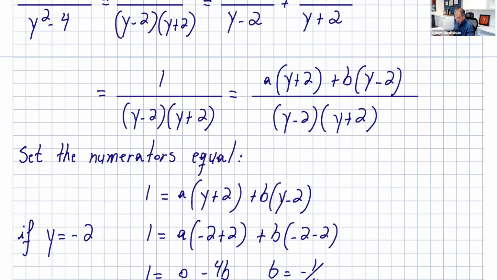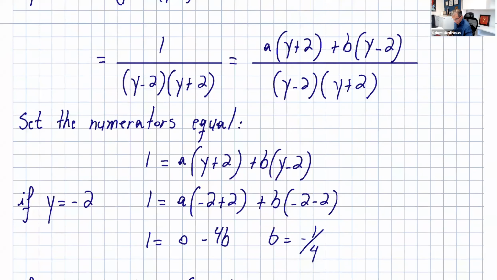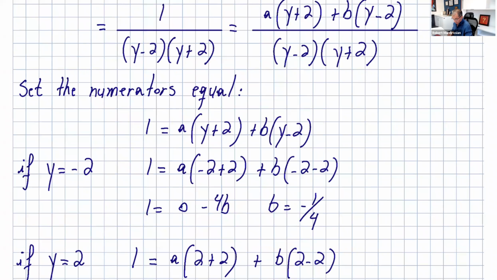And set the numerators equal to each other, we don't need the denominators anymore. So we have 1 equals a times y plus 2 plus b times y minus 2. What we want to do is solve for a and b. You can make the system, review your partial fraction decompositions, please, or there's another way to do that.